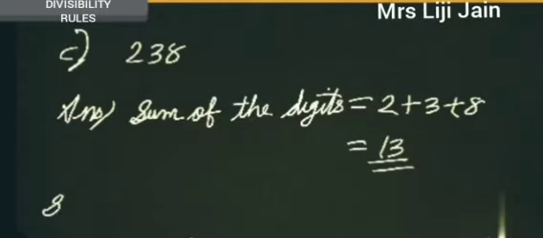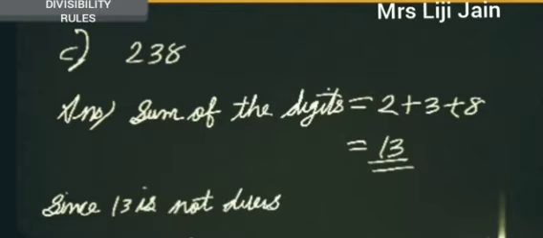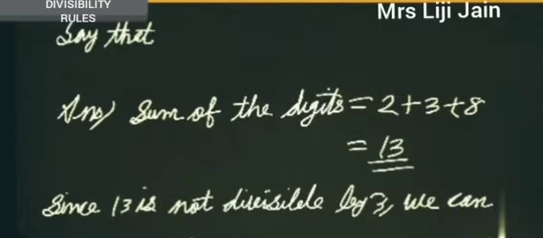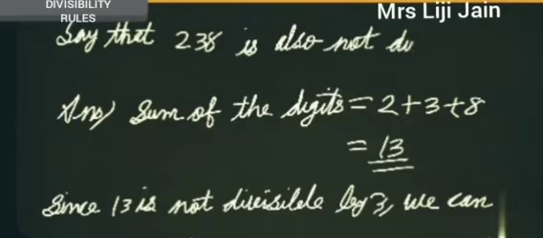Please write down: since 13 is not divisible by 3, we can say that 238 is also not divisible by 3. Is it clear now?